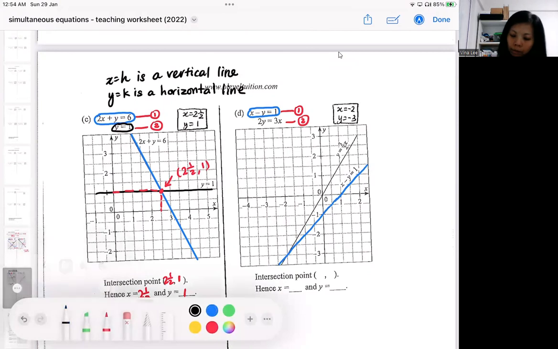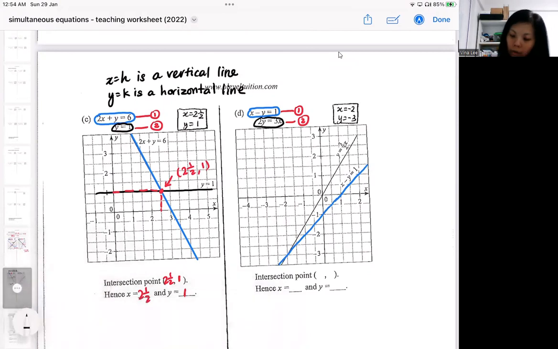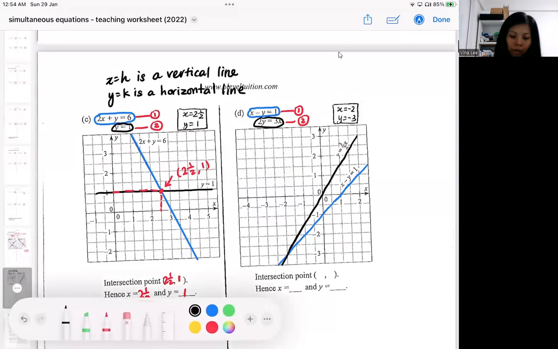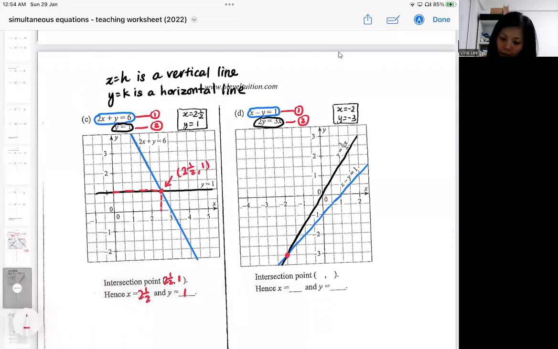And the second equation. The drawing will involve having a table, which we'll look at later. So look for the meeting point. Do the dotted lines for the meeting point. So the coordinate is -2, -3. So x will be -2, y will be -3.